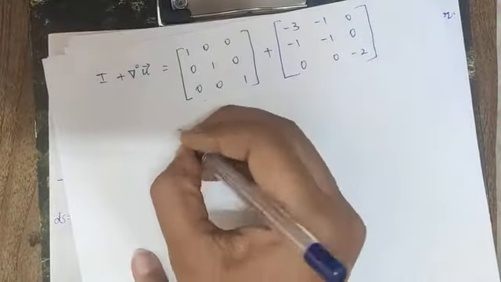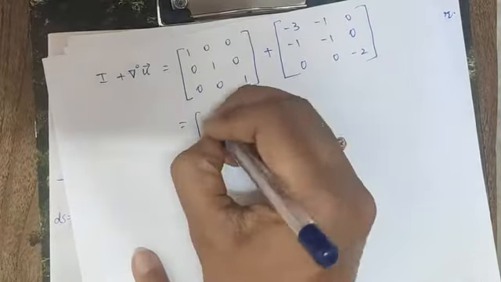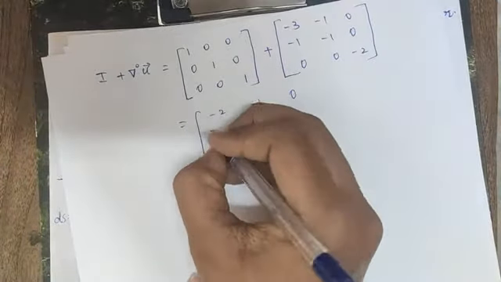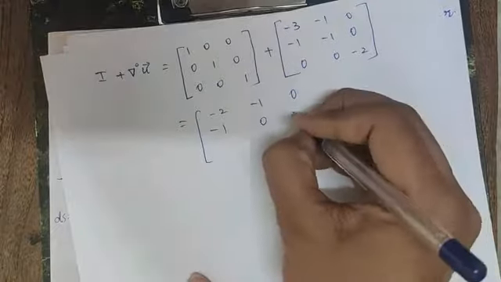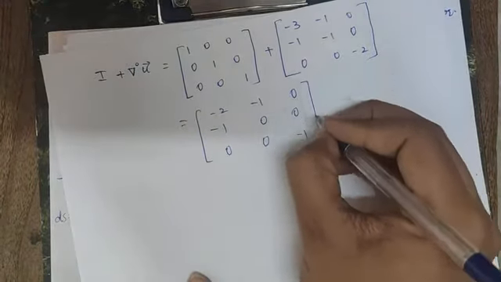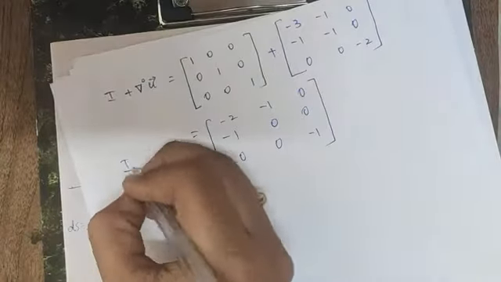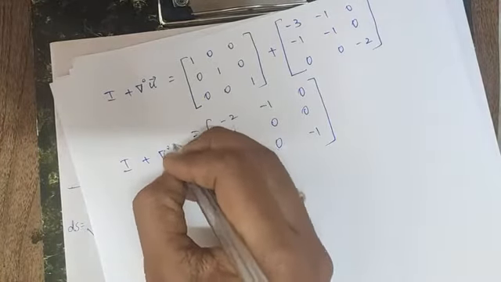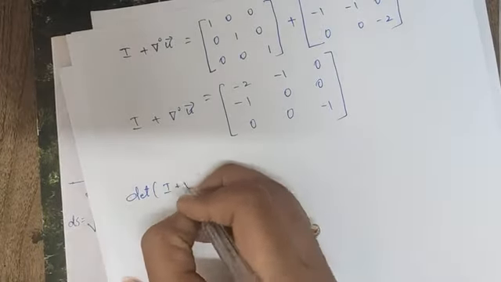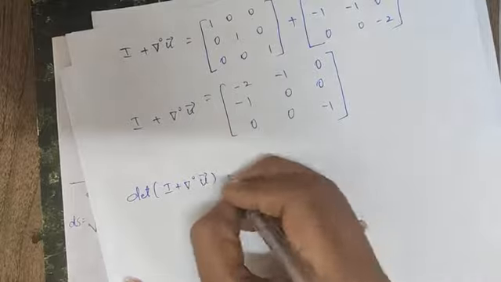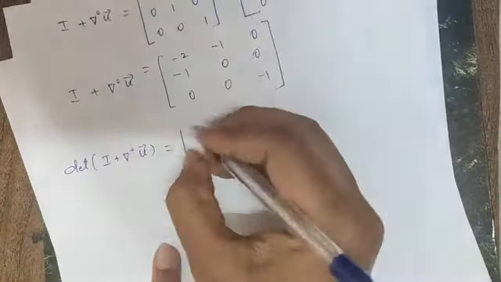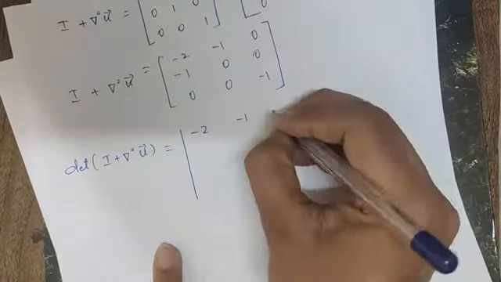Add these two matrix, you will get 1 minus 3 is minus 2, 0 minus 1 is minus 1, 0 minus 1, 0 0 0 0 minus 1. This is my I plus del naught u. Now find out what is determinant of I plus del naught u. If this is equal to 1, that means your deformation is an isochoric deformation. Okay.